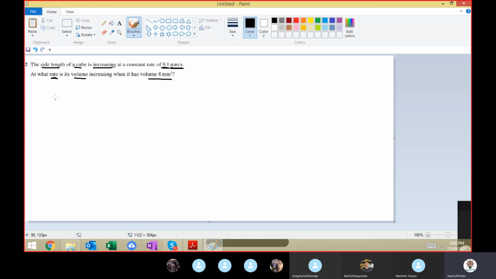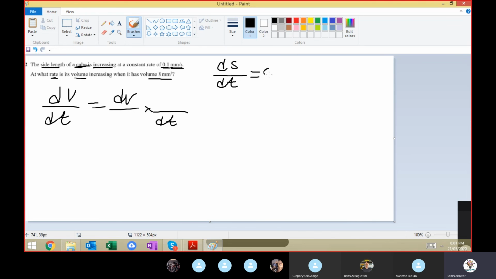What are we trying to find? At what rate is its volume increasing? dV, right? Which equals dV on dt. Now we want to pick out what letter this is. The side length of a cube is increasing at a rate of this. So that's ds, the side length. ds on dt is 0.1.